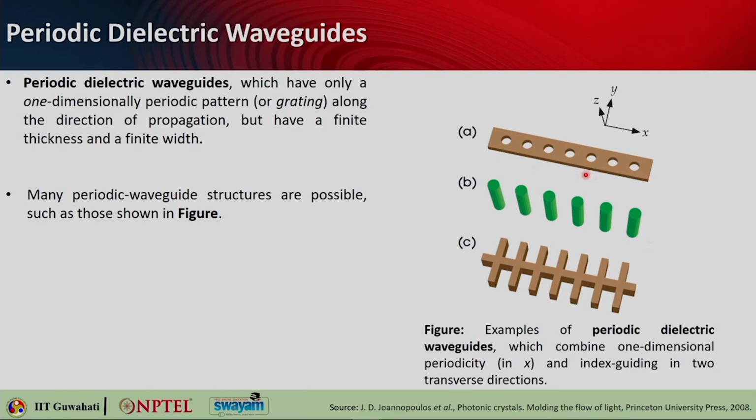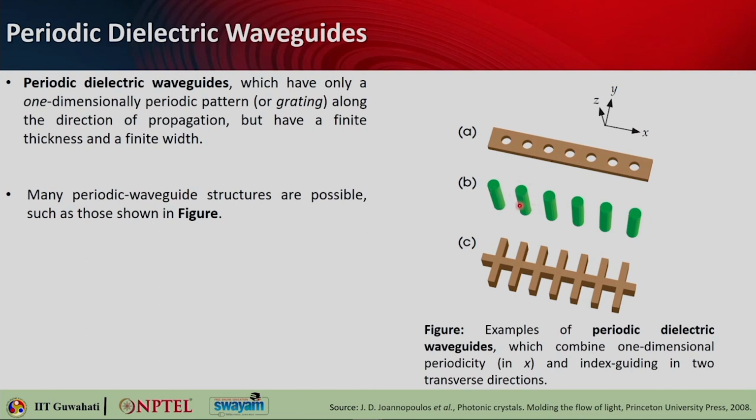As you can see, this is a one dimensional array of holes, and these are all like that. These are arrays of dielectric columns. Here index waveguiding is possible in the two transverse directions.